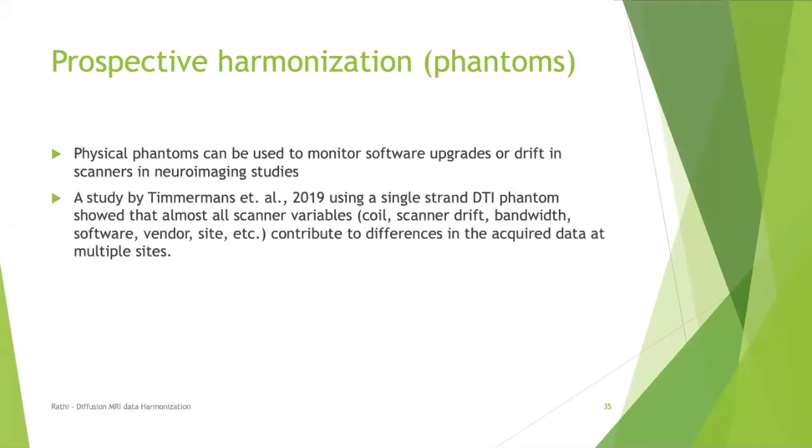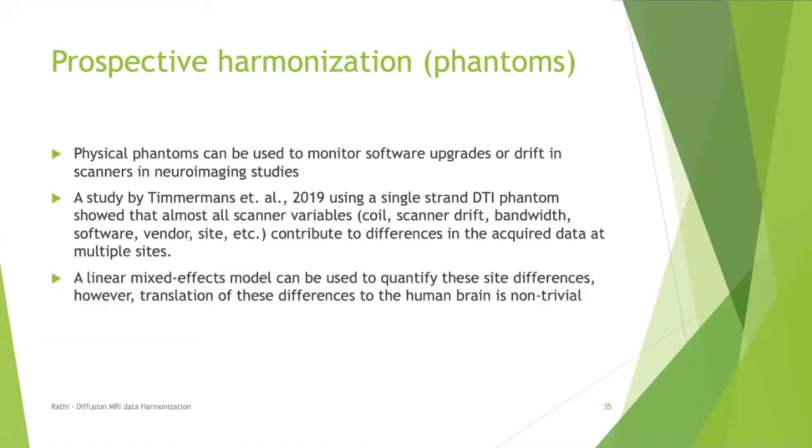There was a very nice study done recently where the authors used a single strand GTI phantom, and they showed that almost all scanner variables, and this is in Europe, where they scanned this single strand GTI phantom across, I think, about 13 or 14 different sites and multiple times over a period of 2 years. And what they showed was that almost all scanner variables contribute to differences in the acquired data. So whether it's coils, scanner drift, bandwidth, software vendor, site, all of these variables caused a difference.